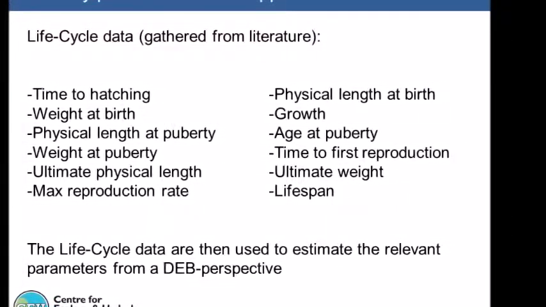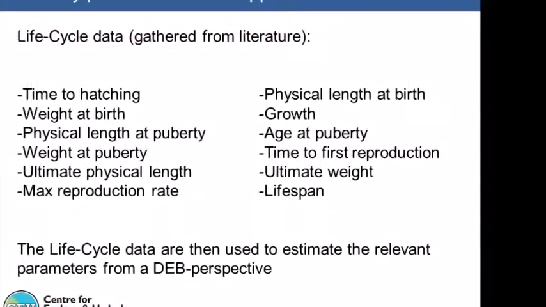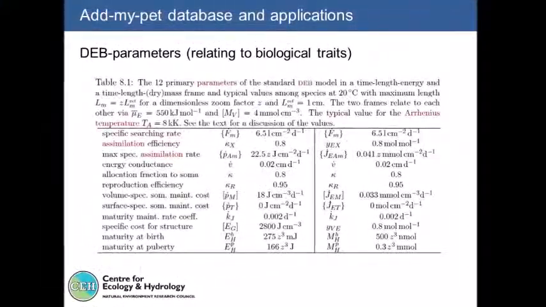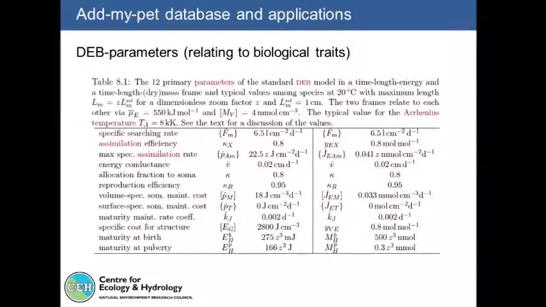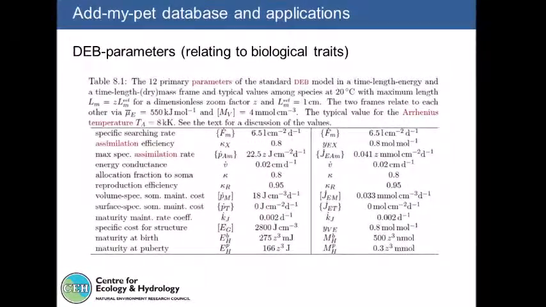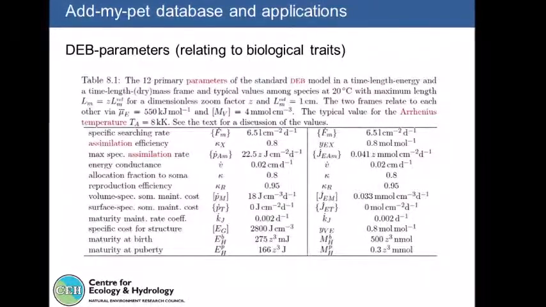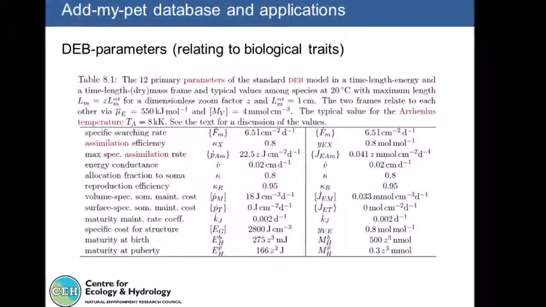From these parameters, using this DEB model, you can derive DEB parameters. And one of these parameters is the specific somatic maintenance rate. When I wrote this, it was some 400 species. I think it was 398. So 13 have emerged.